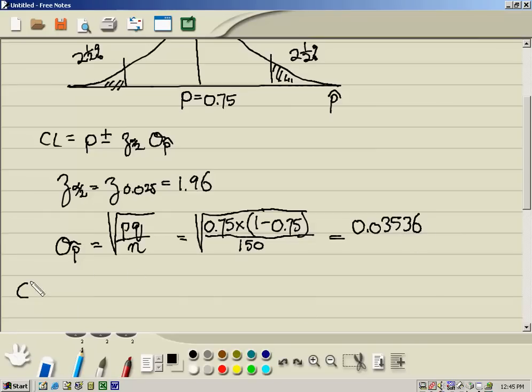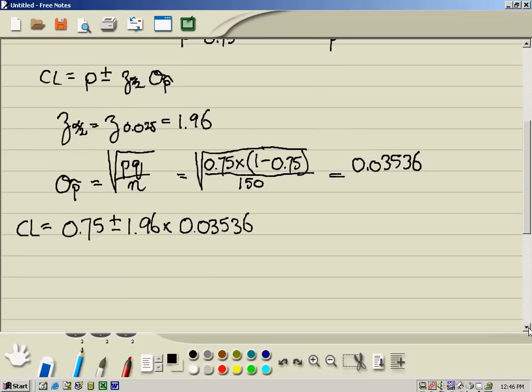So now we're ready to calculate our critical limits. The p, the middle of the distribution, 0.75, plus and minus the z value 1.96 times the standard deviation 0.03536. The standard deviation is still in the calculator, times 1.96. So 0.75 plus and minus 0.06930.